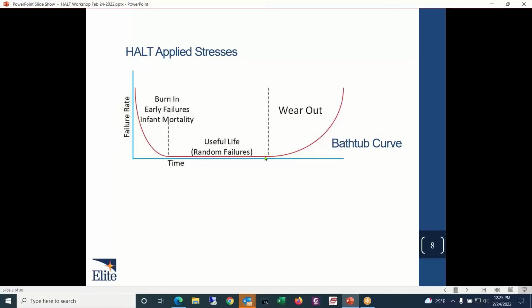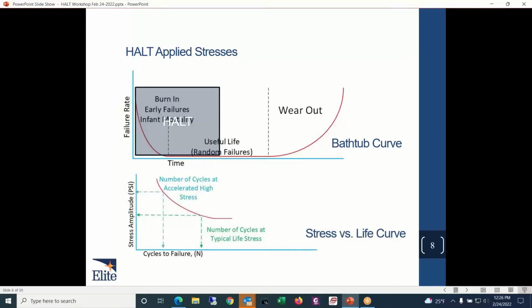But hopefully at that point, you've got to the end of the useful life of the product, and you've gotten some good value out of it. So again, where HALT stresses tend to find their best uses is finding these early failures, finding these product problems that can be fixed and rectified before the product gets out to its useful life.